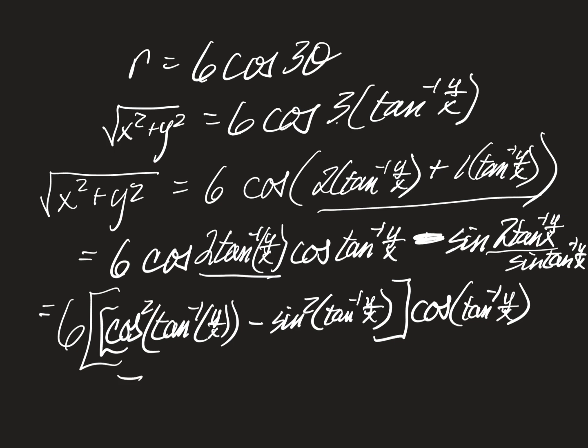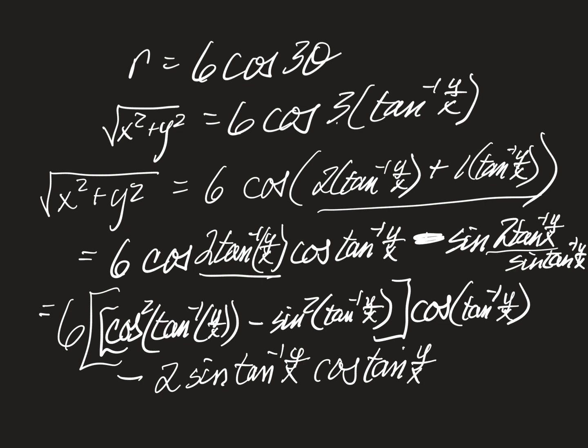We have sine of 2 alpha, so that'll be 2 sine of inverse tangent of y over x, cosine inverse tangent of y over x, times sine of inverse tangent of y over x. All right? Woo!